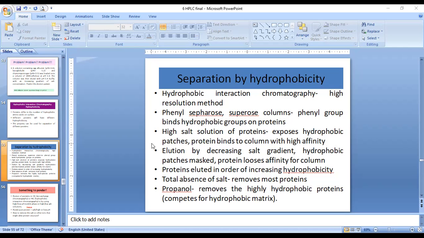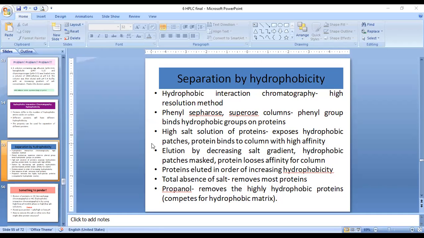As the mobile phase enters the column with a reduced salt concentration, the protein which is least hydrophobic will probably come out first. And as I go on decreasing the salt concentration, the proteins which have more and more hydrophobic groups will come out one by one, in the increasing order of their hydrophobic nature.